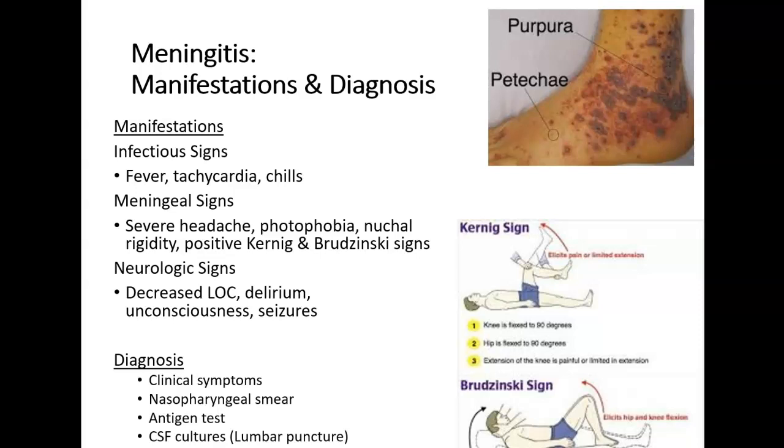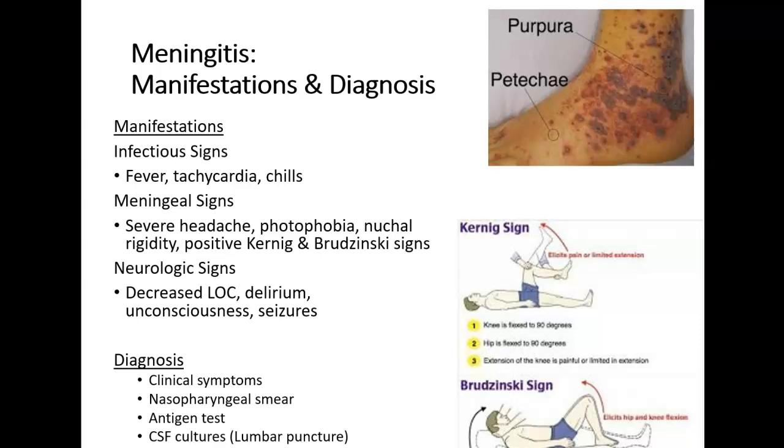Meningeal signs, these are things related to those swollen meninges, are severe headache, photophobia, so absolutely cannot tolerate any light coming in the eyes, nuchal rigidity, which is rigidity of the neck, and then positive Kernig and Brudzinski signs, and you can see those down here at the bottom.